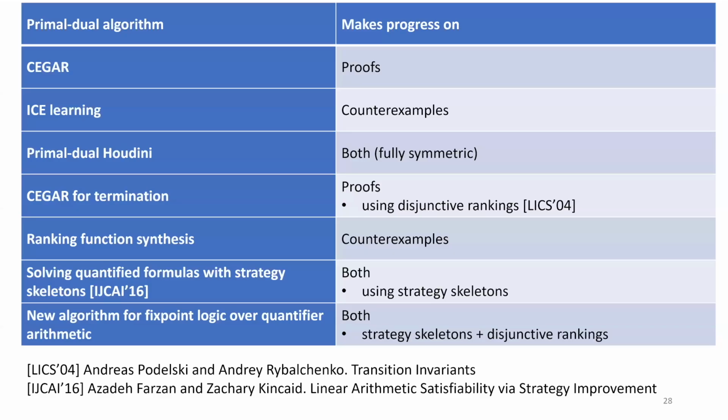Here there is a Lagrangian for termination, and here there is a Lagrangian for an existing algorithm for first order logic with quantifiers. This new algorithm combines the ideas. You can think of quantification plus fixed point. You need something to handle the quantifiers, and you need something to handle the fixed point, which is similar to termination. And the algorithm that we get is just by combining ideas from these two algorithms.